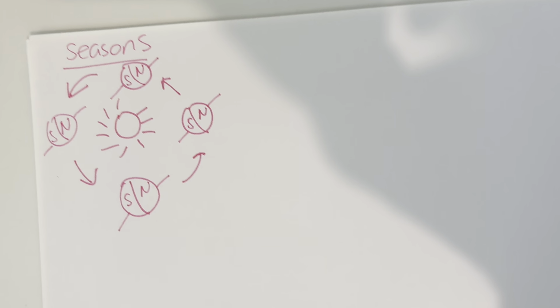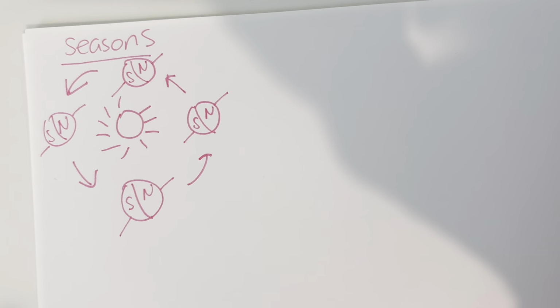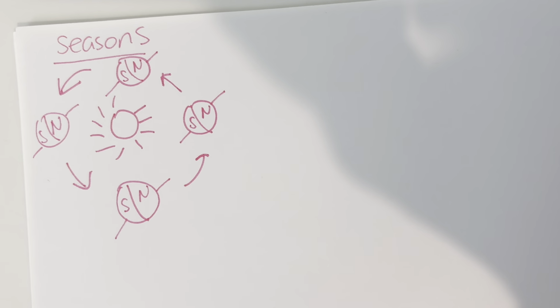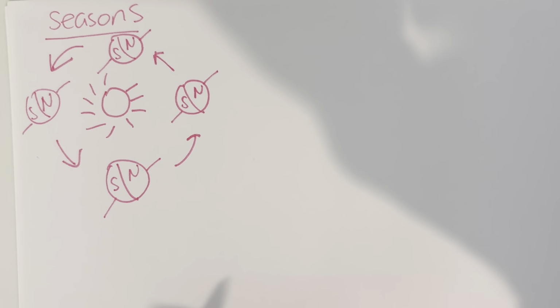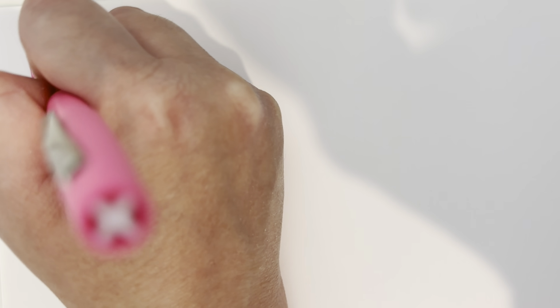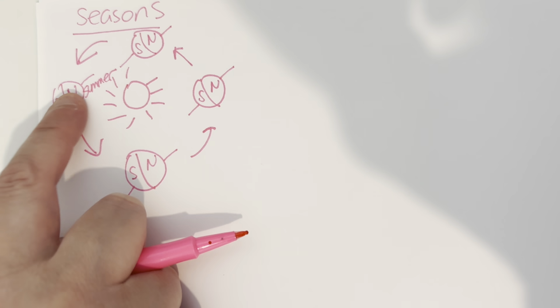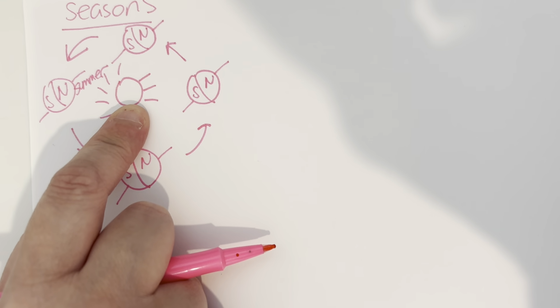Okay. So in this case, the hemisphere that is closer to the sun or receiving most of the sun's rays is going to be the northern hemisphere that is here. So in this case, this is summer, right? Because here we're tilting towards the sun, okay? So we're getting the most sun rays here.